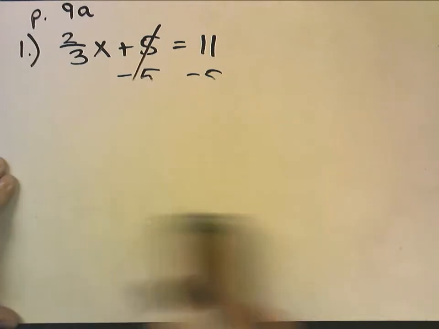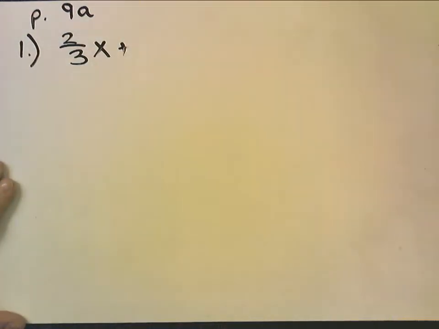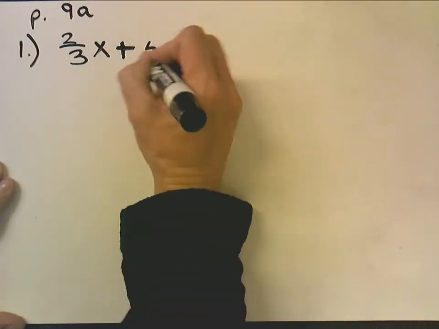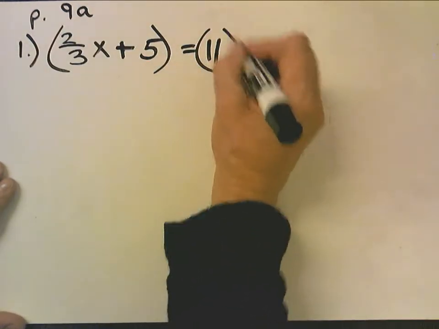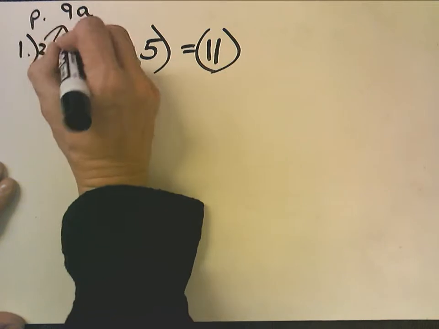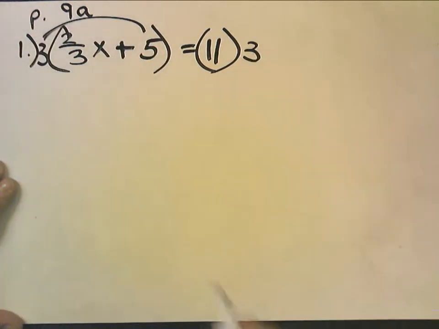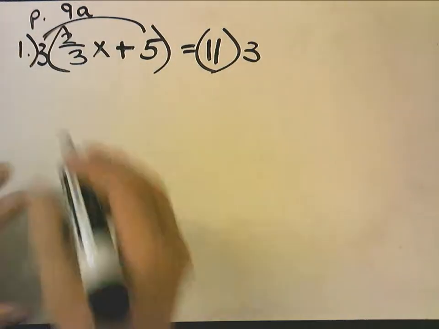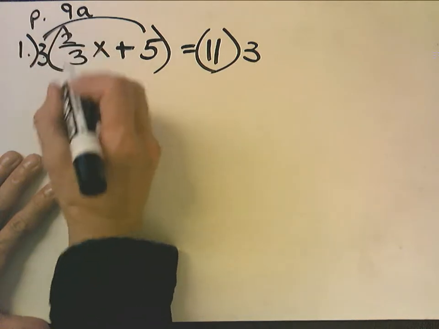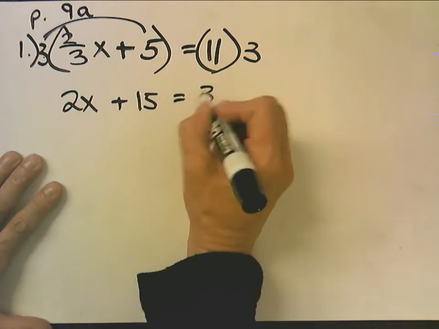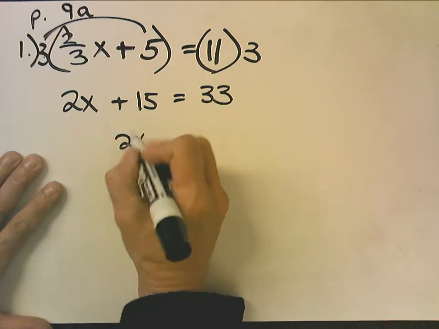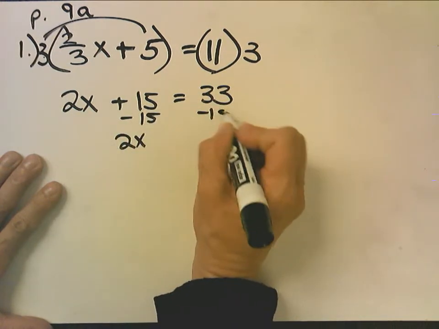Now, what you could also do, and I don't recommend, but you can, is you can say right away, okay, I see a fraction, I don't want to deal with fractions. I'm going to multiply everything by the common denominator. Well, 3 times 2/3 is 2x plus 15 equals 33. Then subtract 15 from both sides.